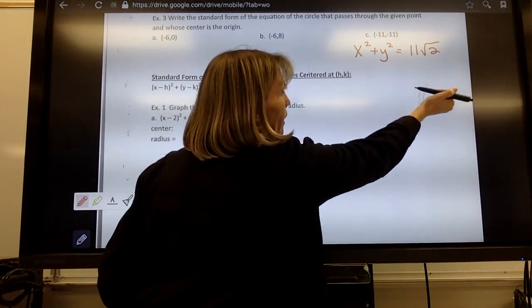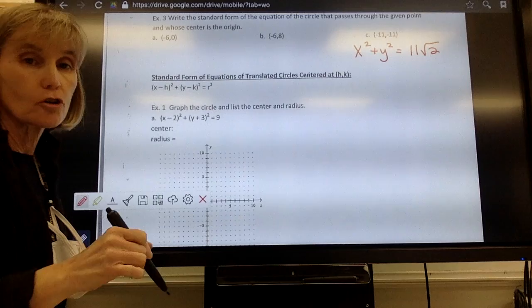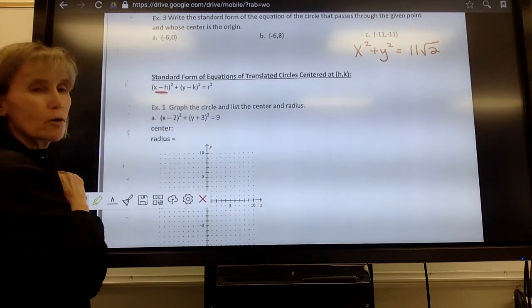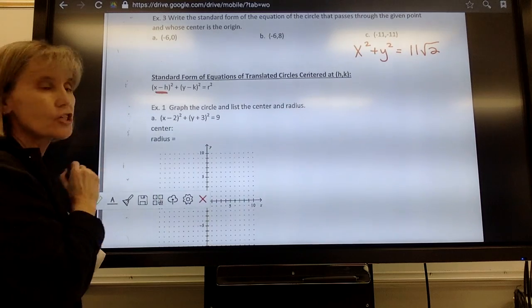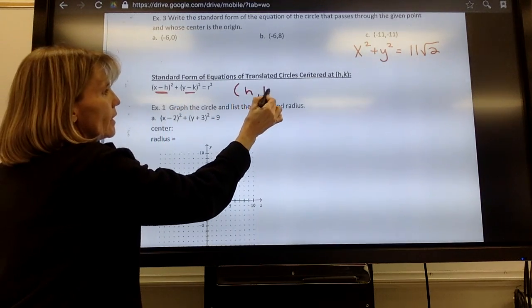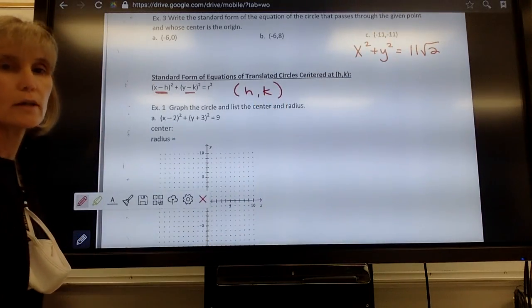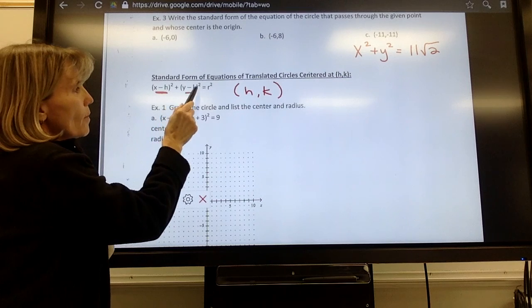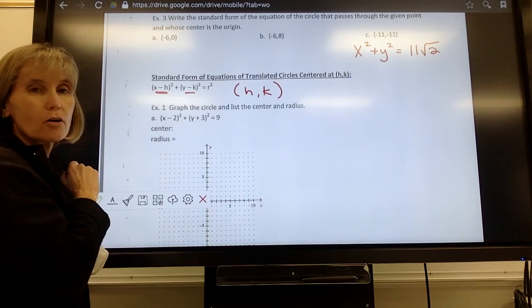Okay, now we're going to look at what if the center of the circle is not at the origin. And if it's not at the origin, instead of having just x squared, we have an h and a k value. Okay, that center is located at h, k. Those are the coordinates. So we'd say x minus h quantity squared plus y minus k quantity squared equals r squared.